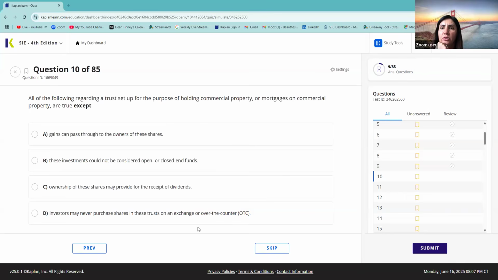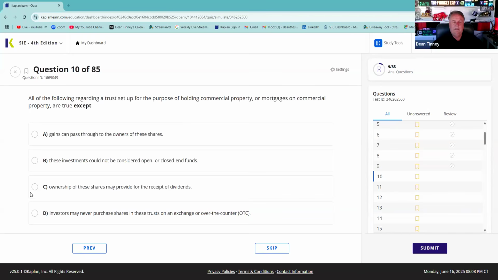Investors may never purchase shares in this trust on an exchange or over the counter. I think B, but I'm not sure.